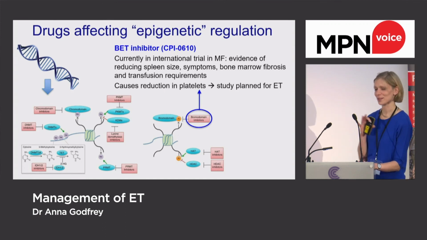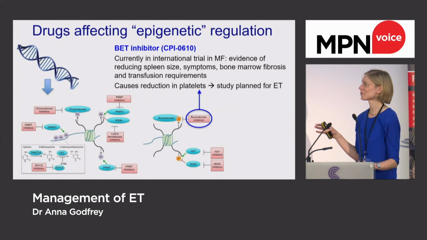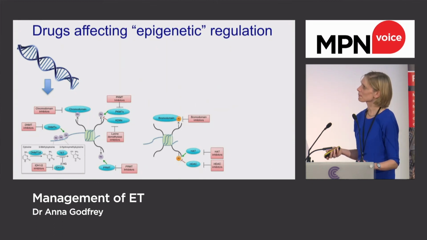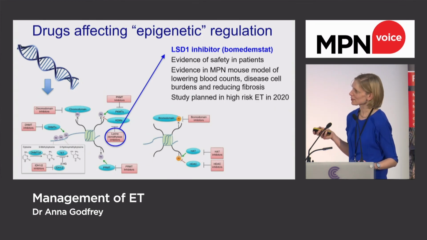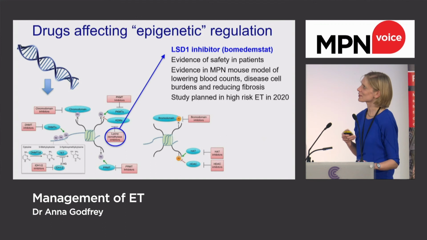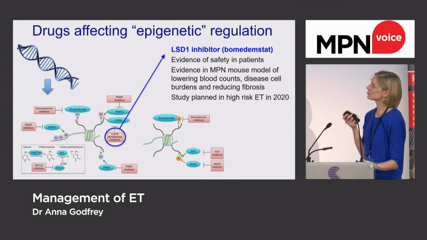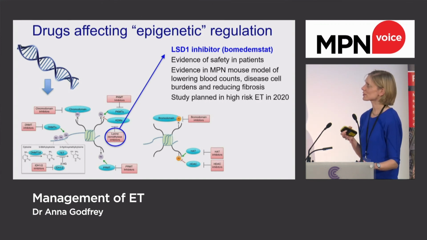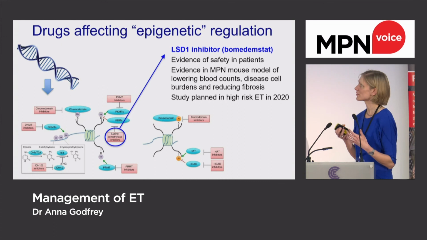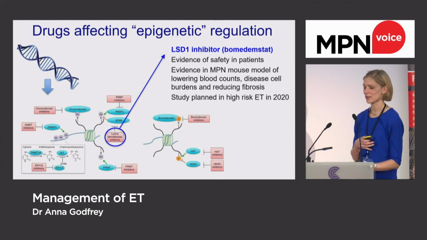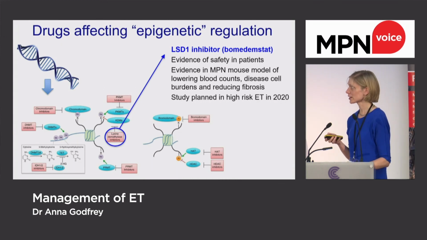As part of that, we can see that the drug actually reduces platelets, so that's a good start for planning a study in ET. Then another class of drugs is lysine demethylase inhibitors. This is a specific agent, bomedemstat, which has shown some evidence of safety in patients, and in a mouse model of MPNs has shown some evidence that it may change the disease. So we're planning a study next year in high-risk ET.